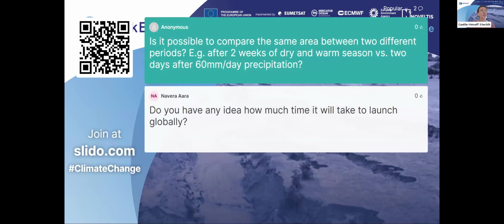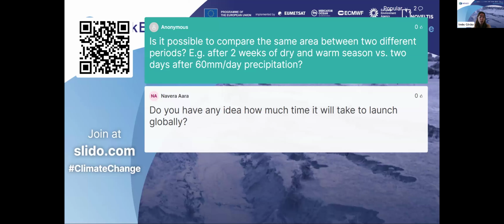The next question, so is it possible to compare the same area between two different periods, for example, after 2 weeks of dry and warm season versus 2 days after 60 millimeter day precipitation? Okay, so this workflow and the local climate zones are computed based on yearly inputs.